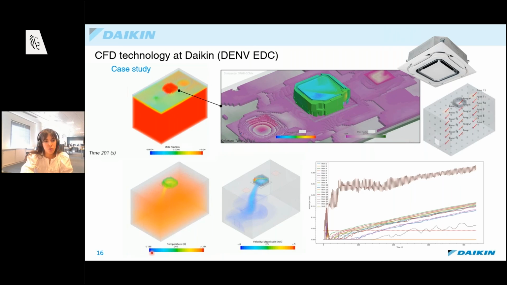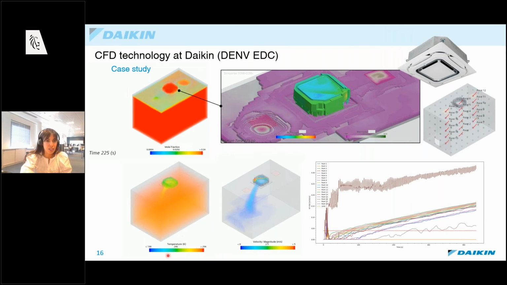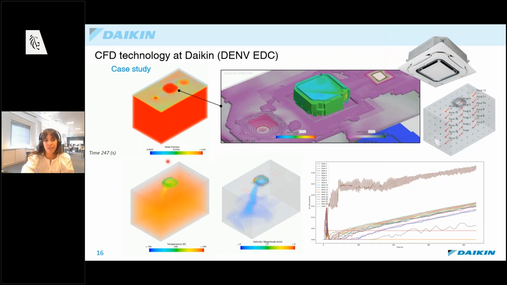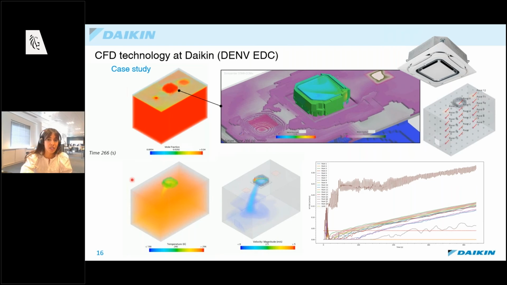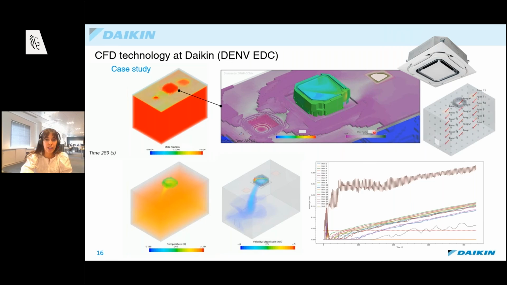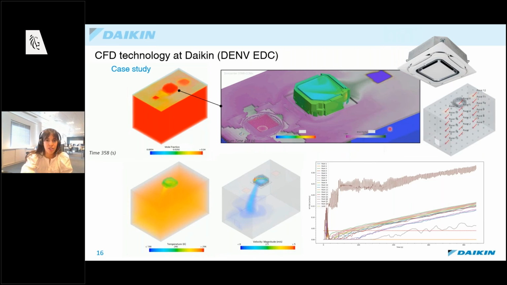Also, in this case, we see the temperature variation during the leakage process because the leakage is coming at a different temperature than the one the room is at the beginning. We can also create different thresholds to tackle volumes at different concentrations of the refrigerant and see, okay, at what moment do we have the room between this and this concentration?